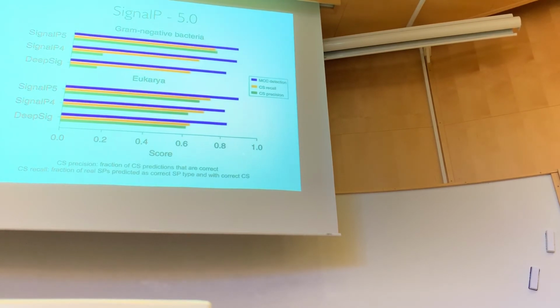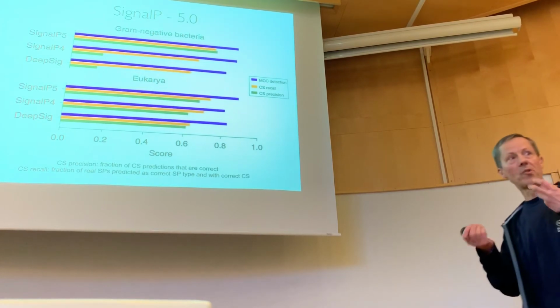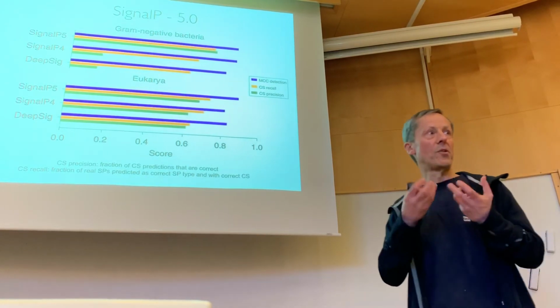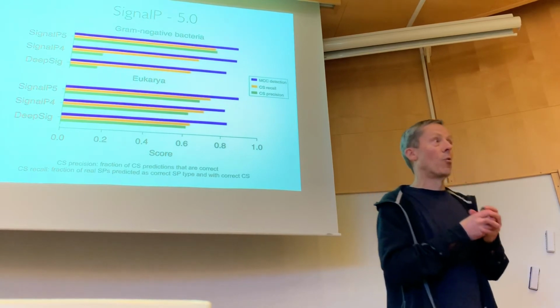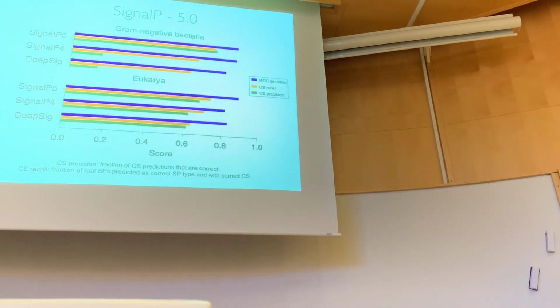And just to give you some idea of performance, here are three different types of scorings, in blue, orange, and green. This is Matthews correlation coefficient, which weighs together false positives, false negatives, true positives and true negatives in a combined score. It tries to find a compromise score that balances false positives and false negatives.